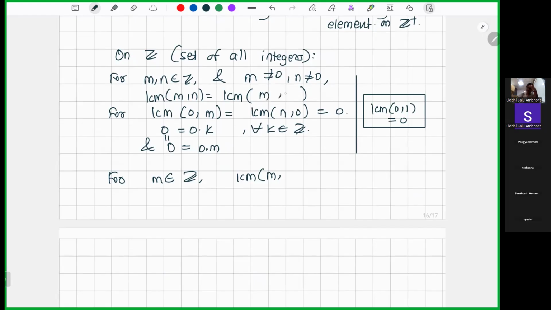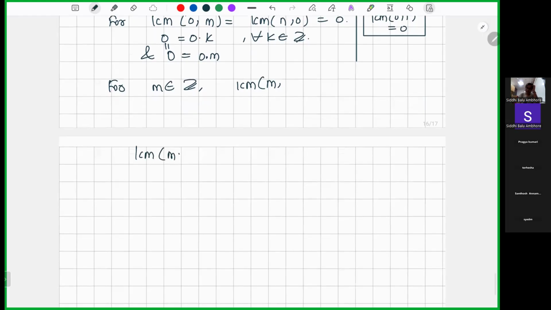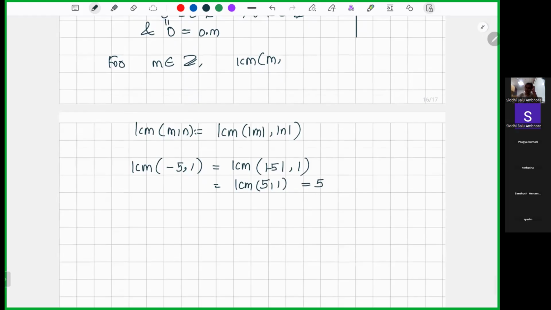Because if I take |m| and |n|, then for example LCM of -5 and 1 would be LCM of |-5| and 1, which is LCM of 5 and 1, which is 5.